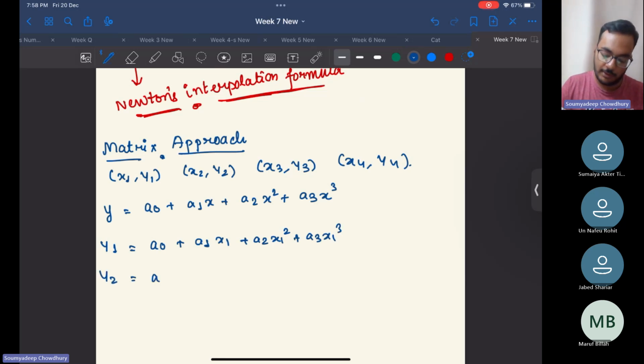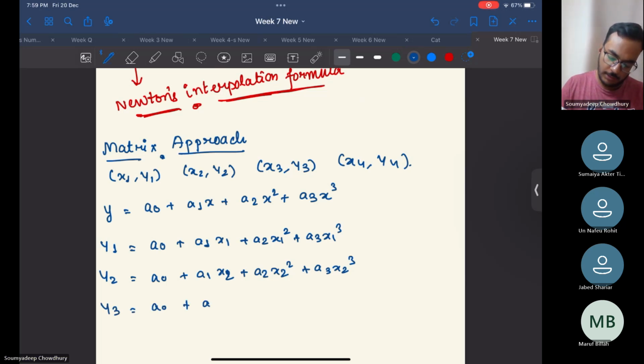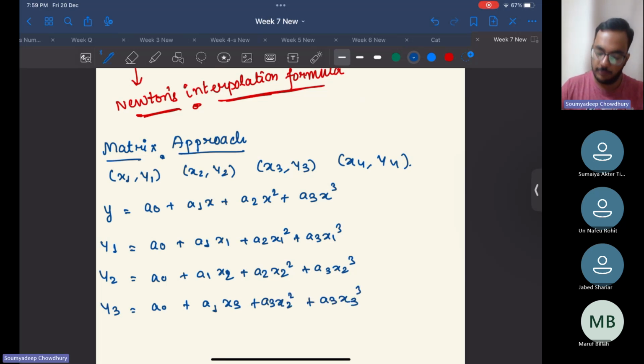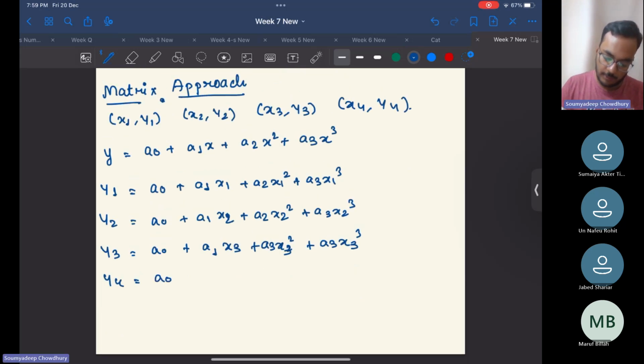Again, for the second, y2 is a0 plus a1 x2 plus a2 x2 square plus a3 x2 cube. Y3 will be a0 plus a1 x3 plus a2 x3 square plus a3 x3 cube. Similarly, y4 will be a0 plus a1 x4 plus a2 x4 square plus a3 x4 cube.